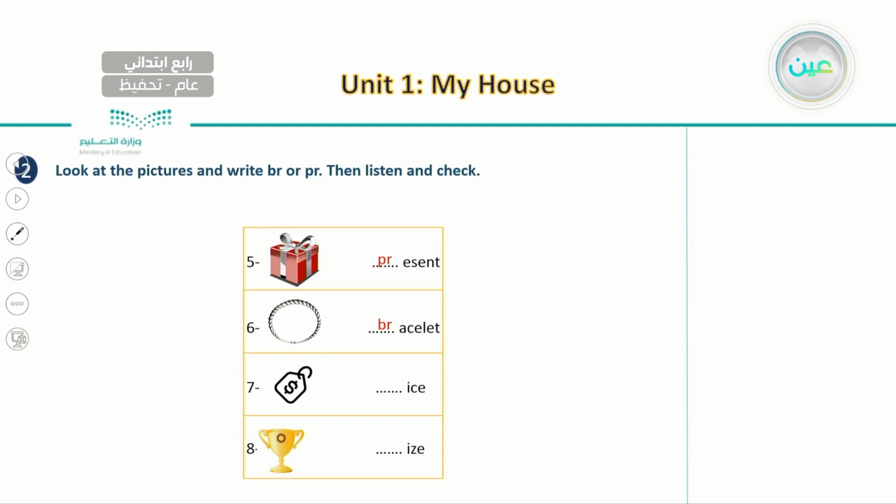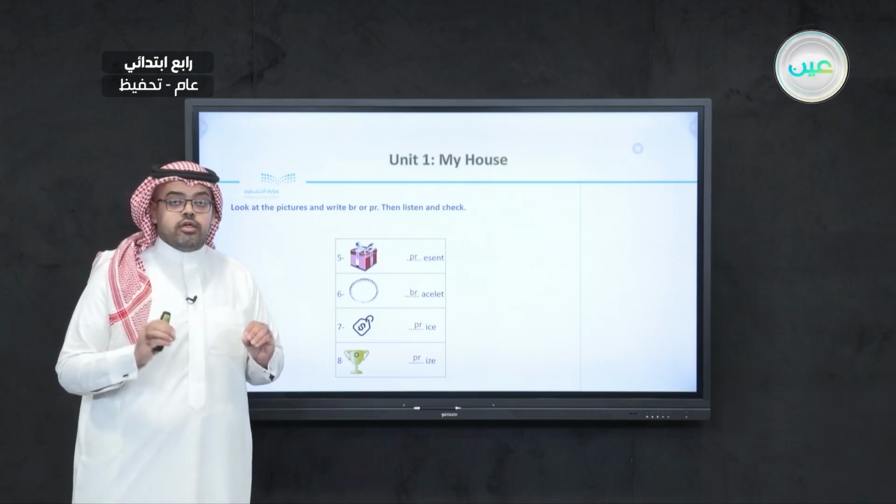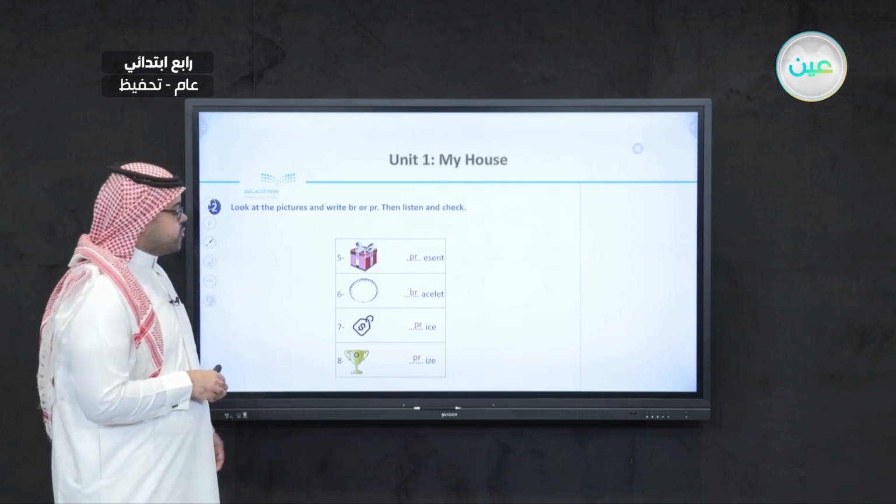So what do you think? Does price start with BR or PR? It starts with the second one, PR, price. And number 8, the last one, which is, as we learned, brise, brise. Very good. Now let's listen to these words one more time so we can know the differences.